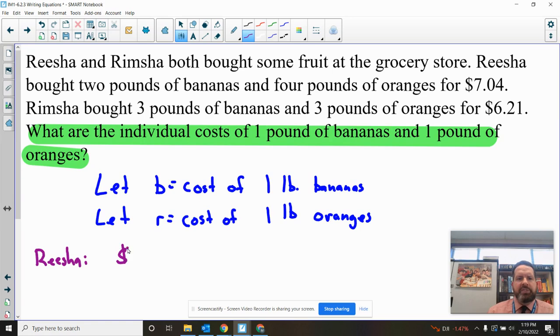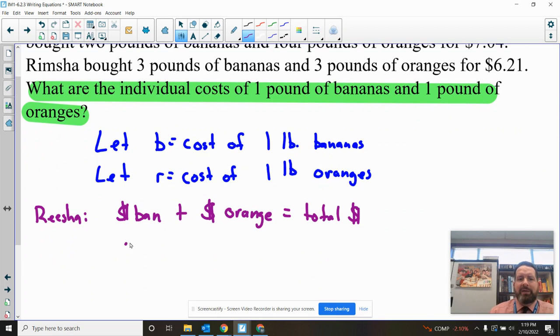the money that she spent on bananas plus the money she spent on oranges is the total money that she spent, right? Okay. So how do we know how much she spent on bananas? Well, Risha bought 2 pounds of bananas.